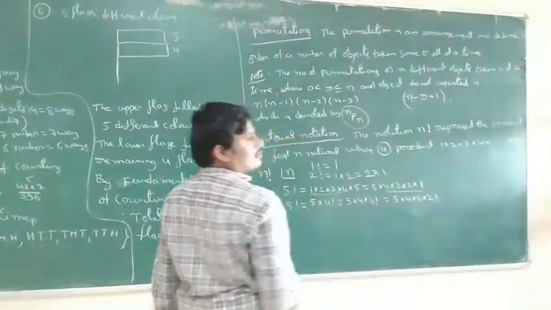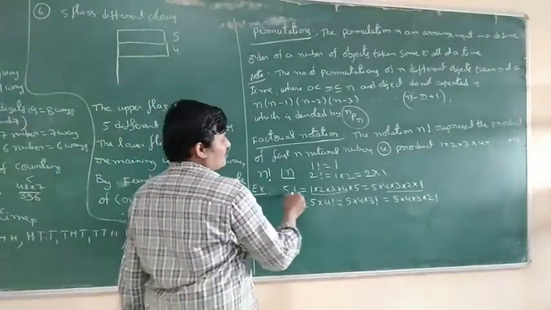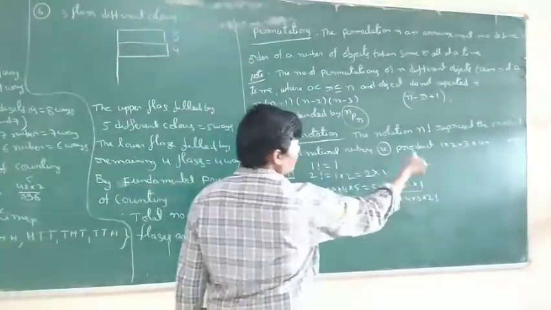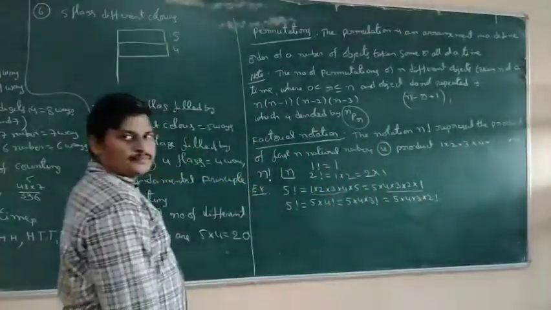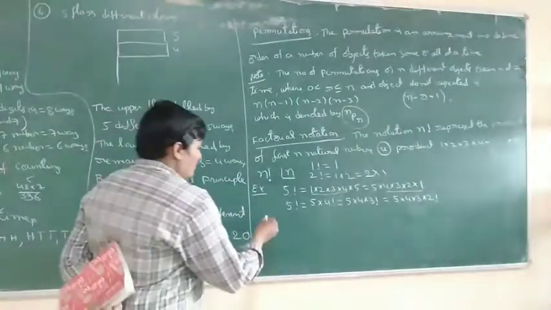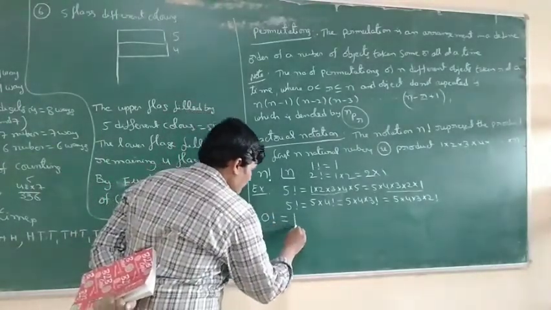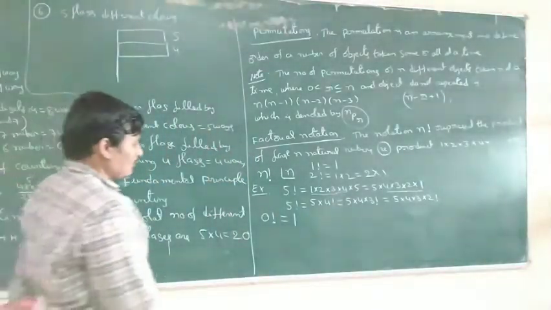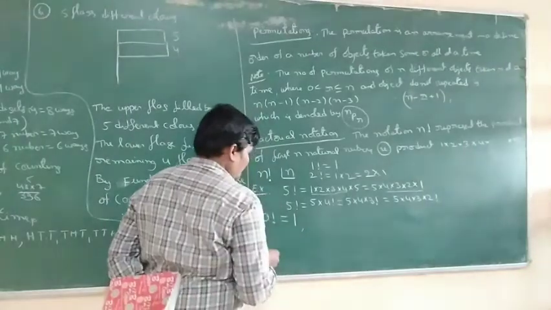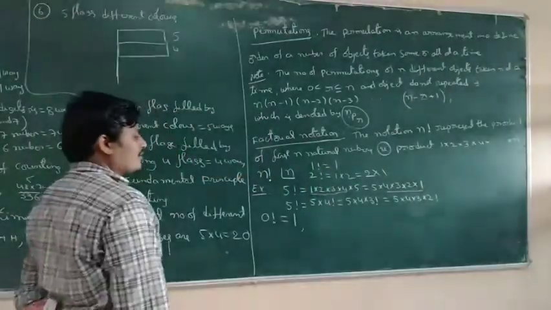So 5 factorial is 5 into 4 into 3 into 2 into 1, okay, no problem. Next, 0 factorial is equal to 1, and 1 factorial is equal to 1.